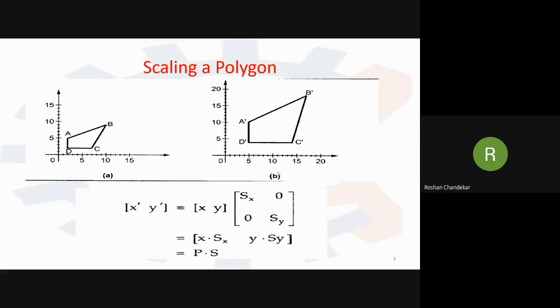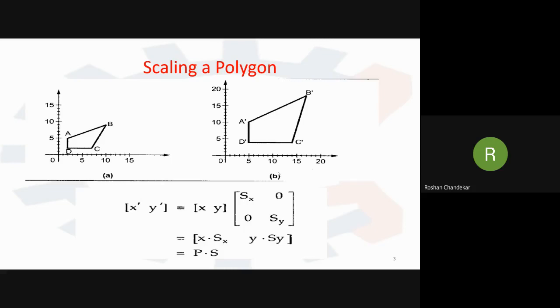Here there are four vertices of the polygon, that is A, B, C and D. After multiplying by a scaling matrix, here Sx 0 and 0 Sy, with the actual coordinates, we get the resultant polygon in scaled form. So that is the overall concept of scaling.